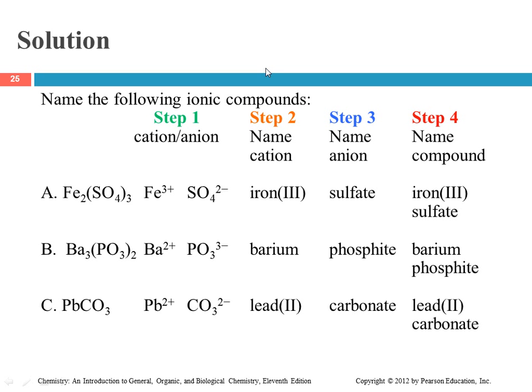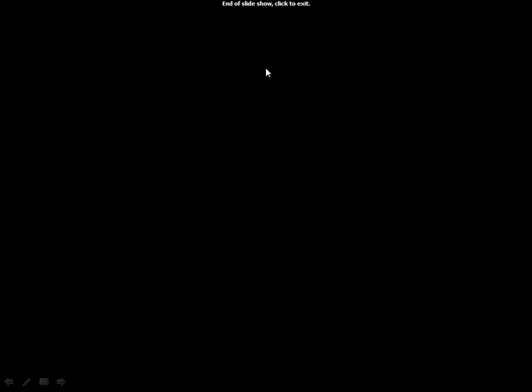So we go to our chart, we see that this is carbonate, and it has a 2- charge. So 1 times x plus 1 times -2 equals 0, so x has to equal 2. Pb is the symbol for lead, so we have lead 2 carbonate. The only difference is we're plugging in polyatomic ions for the anion portion of the name, and you just write that name as is. Everything else holds true for classifications 1, 2, and 3.